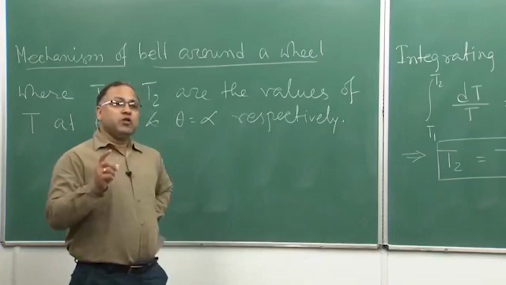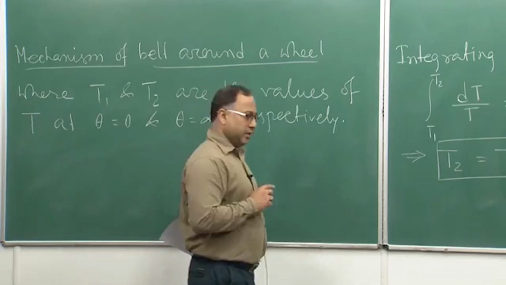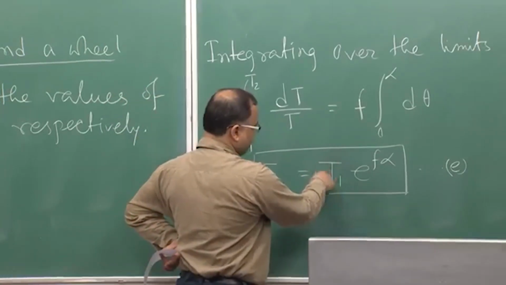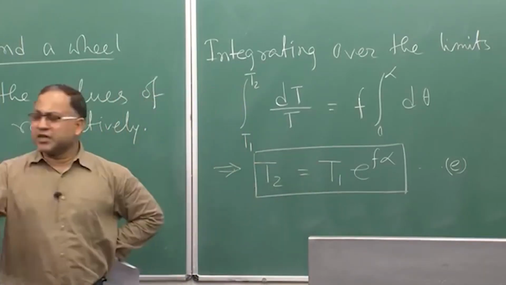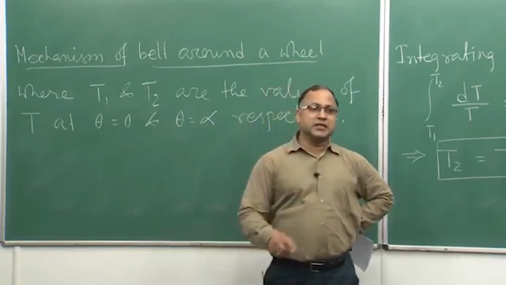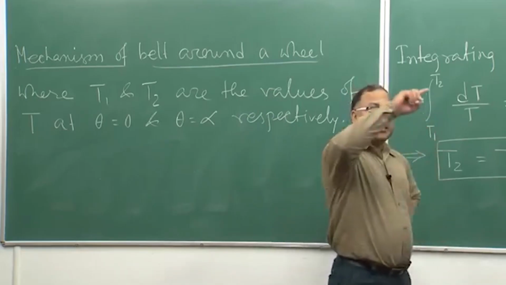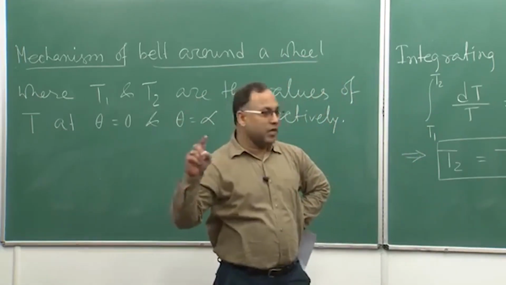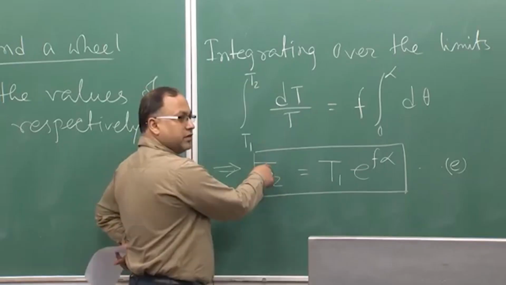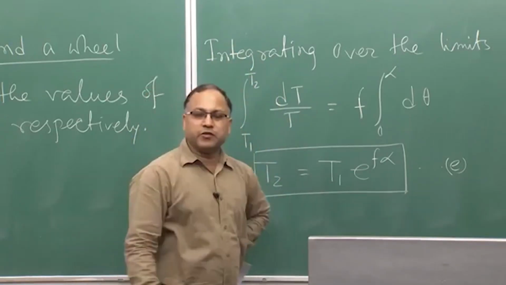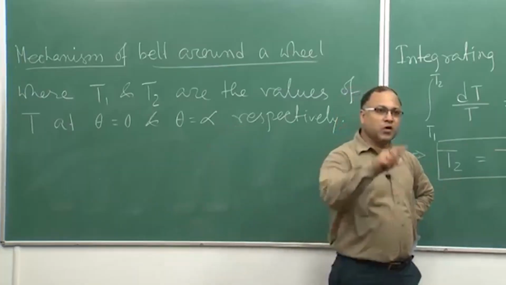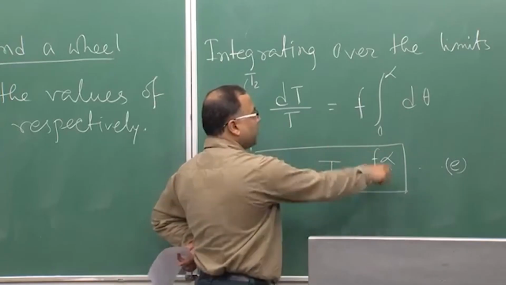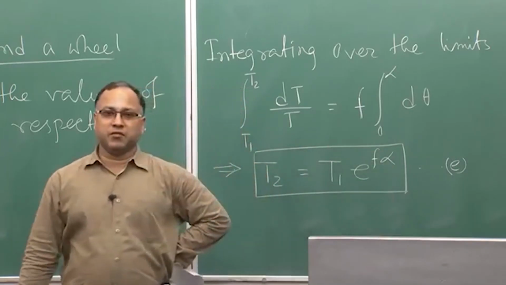But if the pulley or the wheel is not frictionless, then if the initial tension at theta equal to 0 is T1, that tangential force will increase. That is T2 at some point, say theta equal to alpha. If you are going to find the tangential force T2, it will be T1 multiplied by e to the power f alpha.